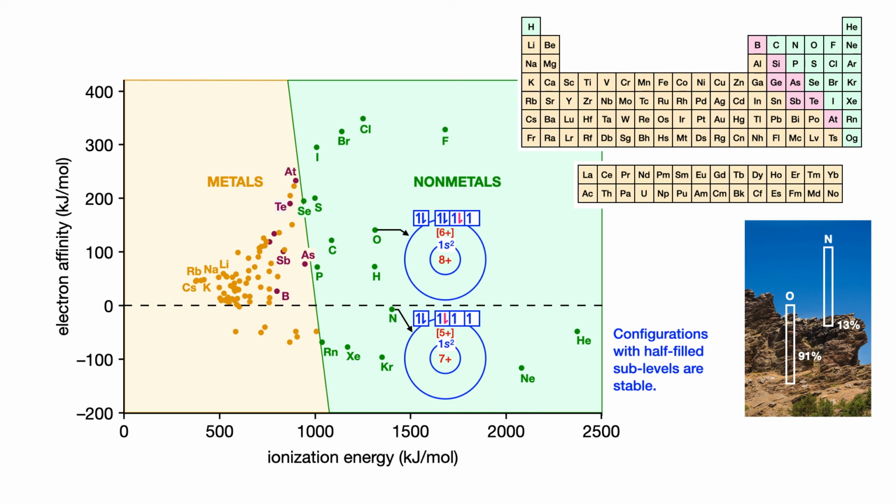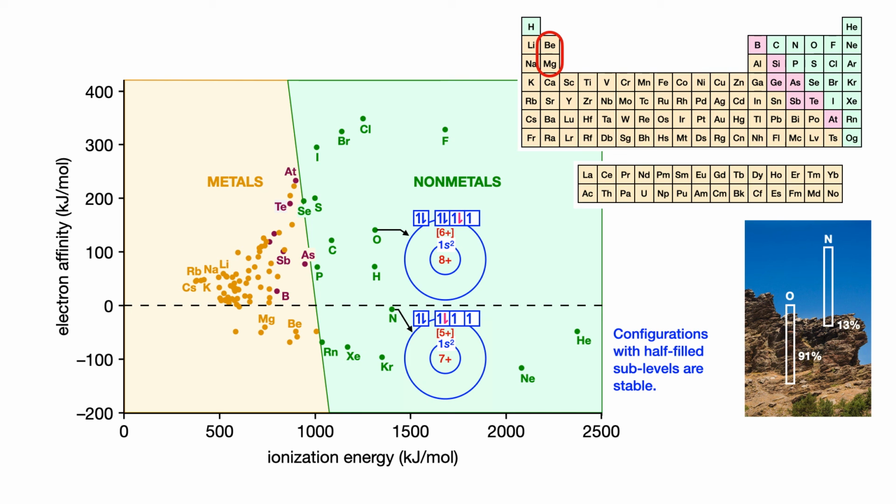There are a number of reasons for this, but one of the things contributing to it is the extra stability that nitrogen has because of its half-filled p sublevel. These patterns with filled and half-filled sublevels actually help us understand those funny metals in the lower left corner of our graph. In that corner, two of the metals, magnesium and beryllium, are up here.